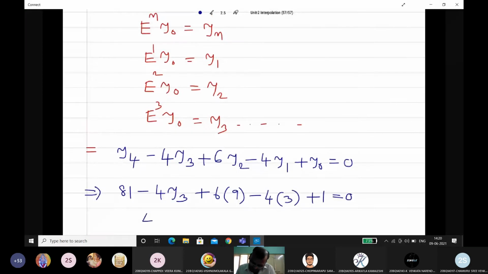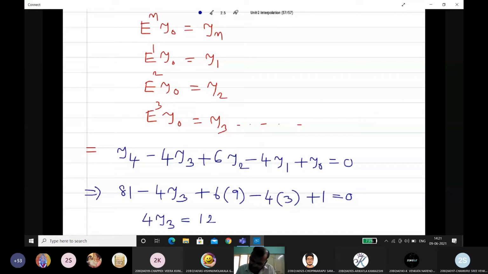That is, 4y3 is equal to, ఎంత వస్తుంది, 81 plus 6 into 9 minus 12 plus 1. 124.